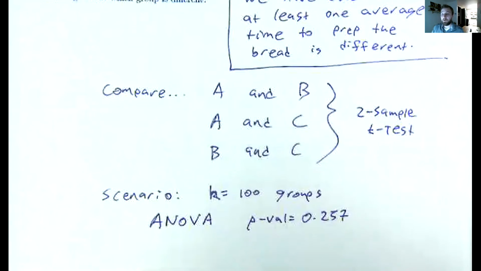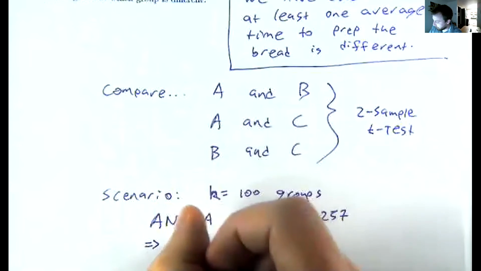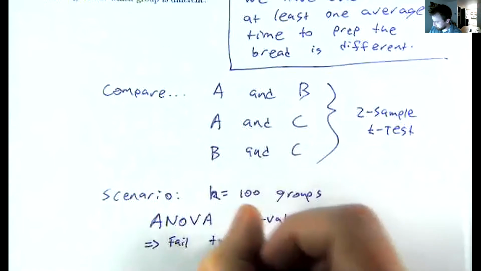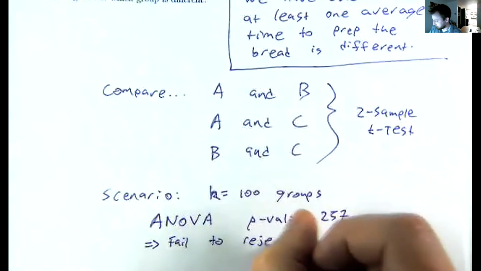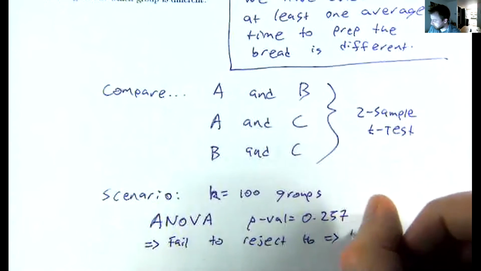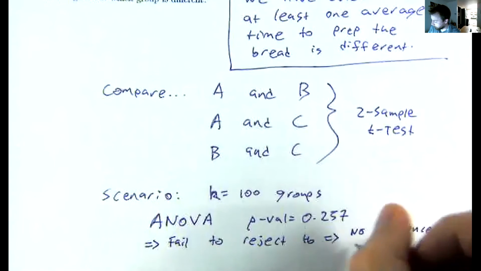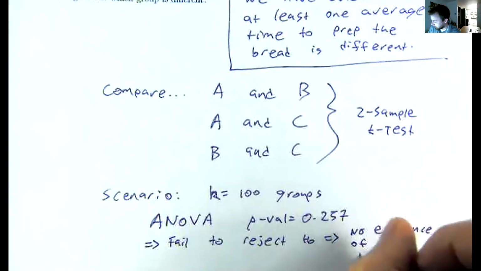Is this a large p-value or a small p-value compared to something like 5%? Well, I would probably consider this large. And if it's large, I would fail to reject the null hypothesis.